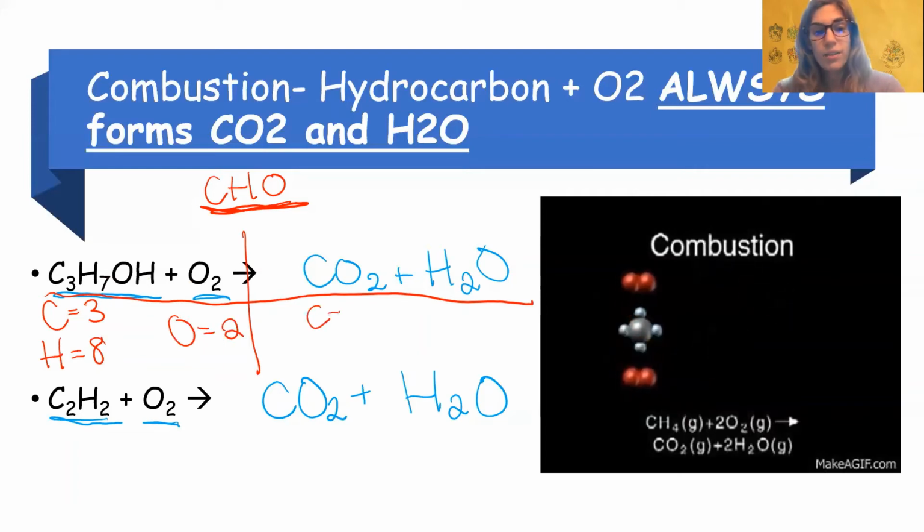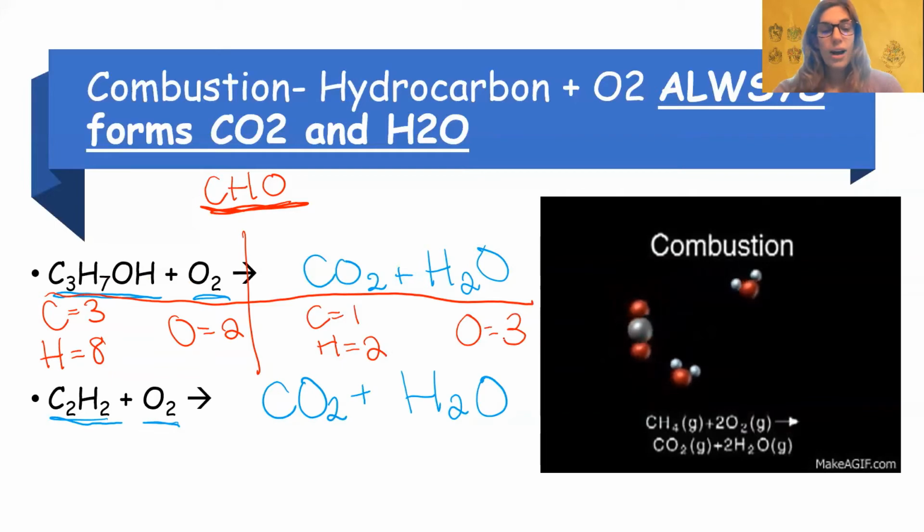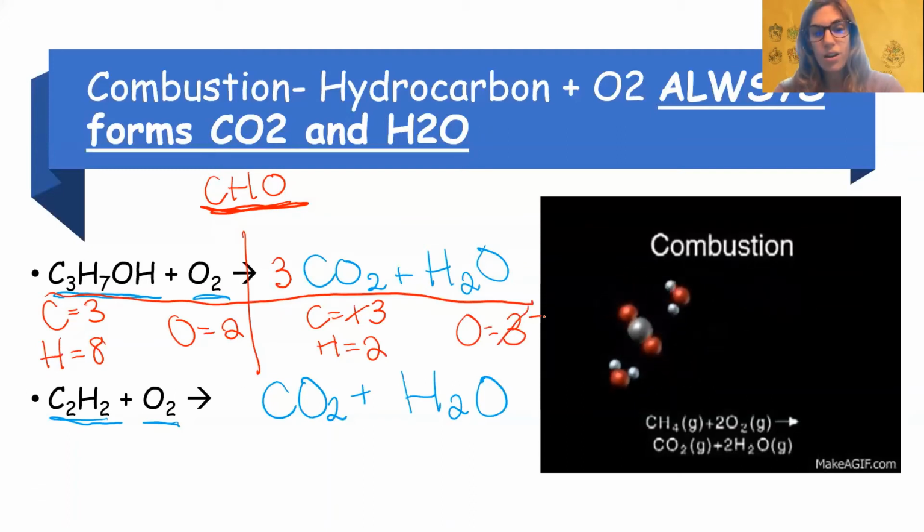And now I'm going to add 1 carbon, 2 hydrogens, and 3 oxygens. So I need to go back in. I'm going to go CHO. So I'm going to look at my carbon first. If I have 3 carbon on the left, then I need 3 carbon on the right. Each time I do this, I need to update my count. So now I have 7 oxygens, but everything else looks good.